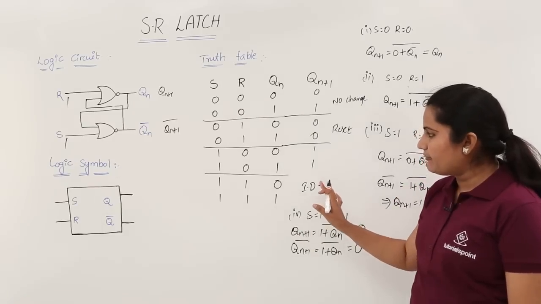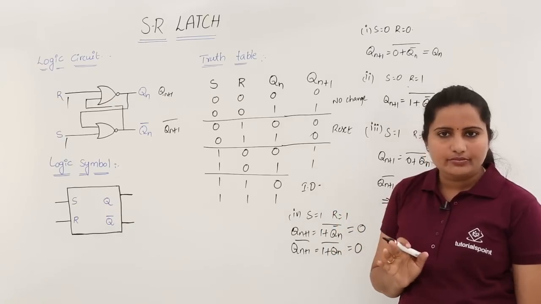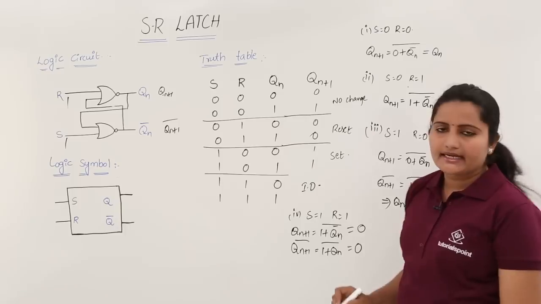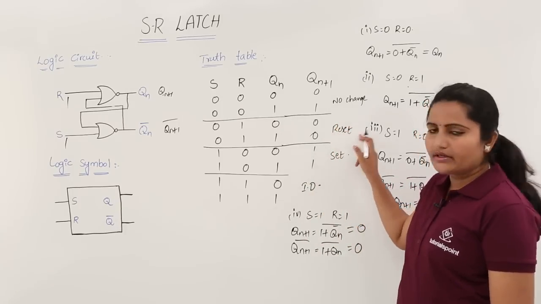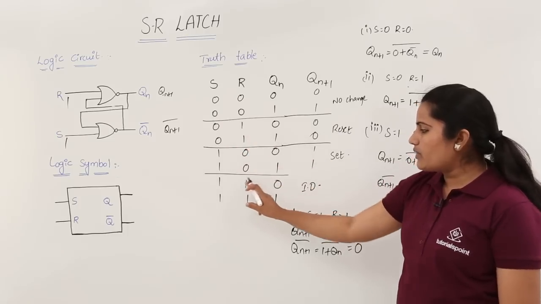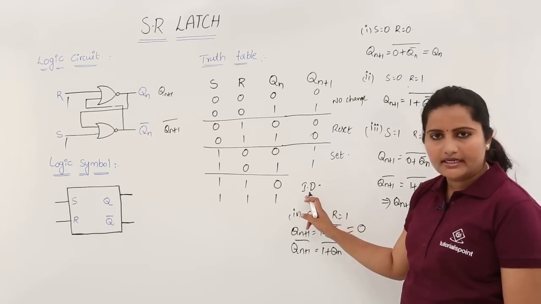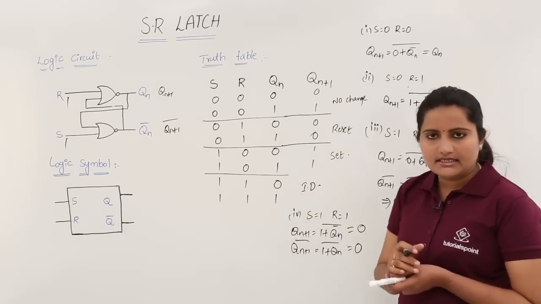In the same way, if for example you give 1, 0 as the latch input, definitely it is going to get the set state. 1, 0 means it is going to set, otherwise it is going to reset, that means 0, 1. The 1, 1 state of the SR latch is the indeterminate state. This state is going to be wasted in this SR latch.